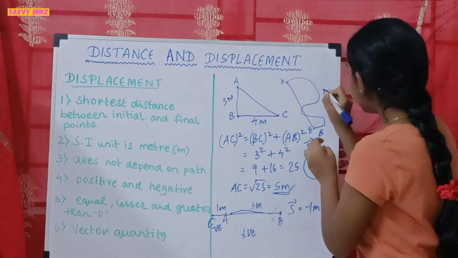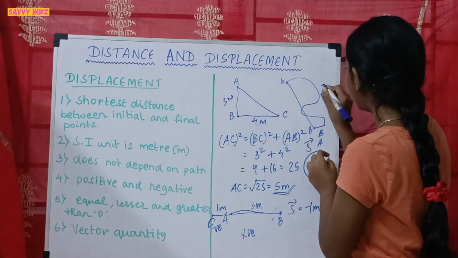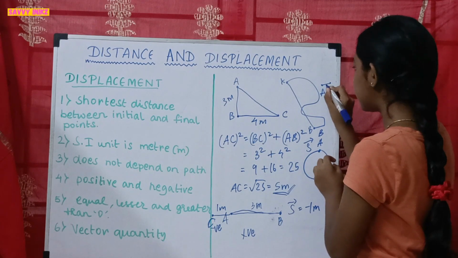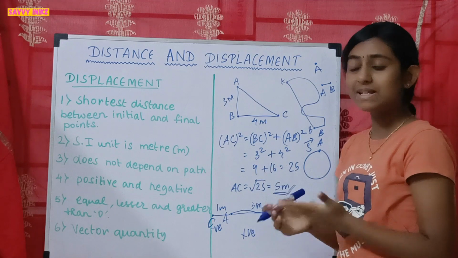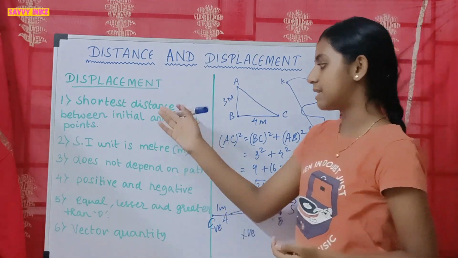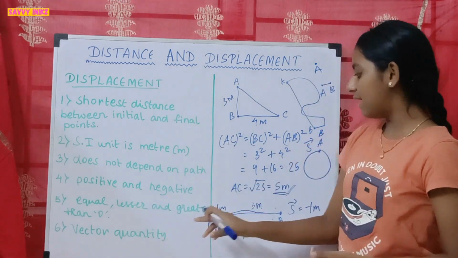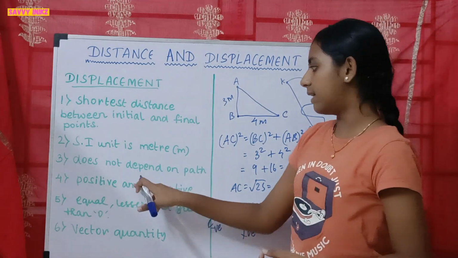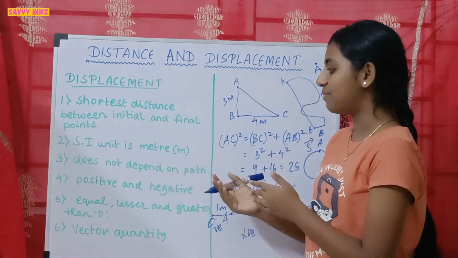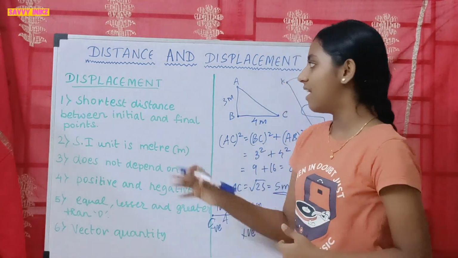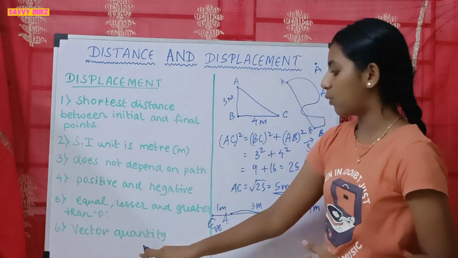If I went from here to B, then there would be some distance, but if it is the same point, the initial and the final, that means it's 0. That time displacement will be 0. And you know that positive displacement means it's greater than 0, and if it's negative it's less than 0. Now displacement is a vector quantity.